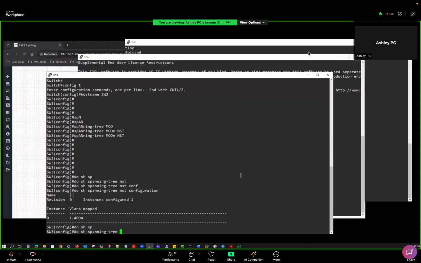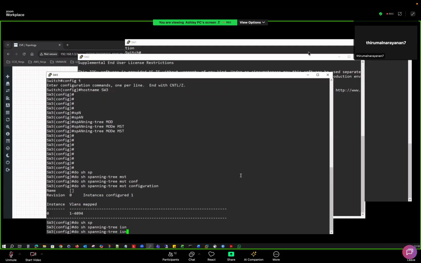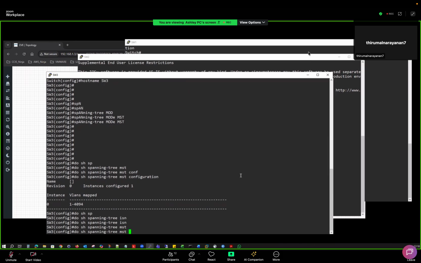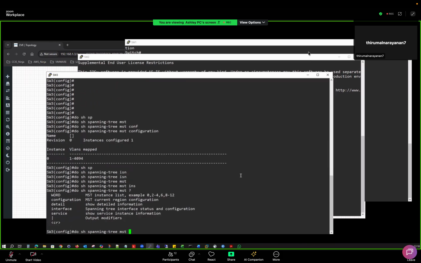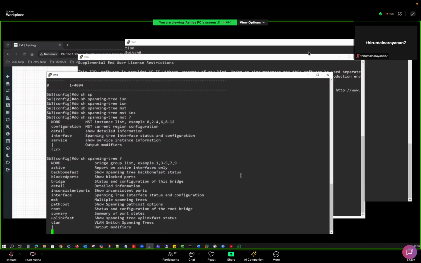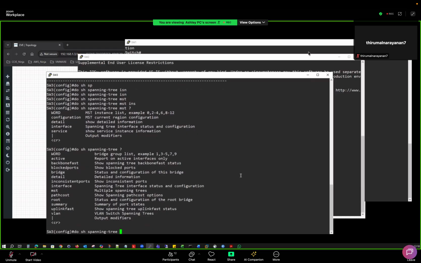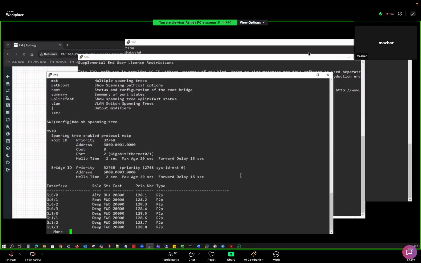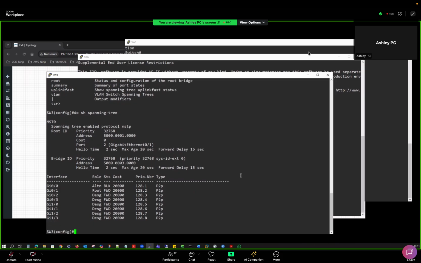Show spanning-tree. MST summary, later on we check.